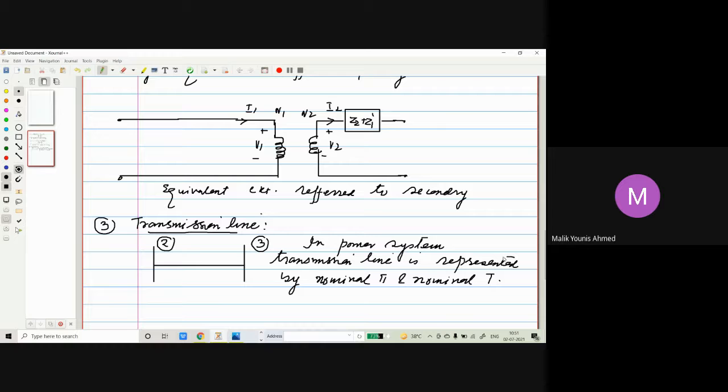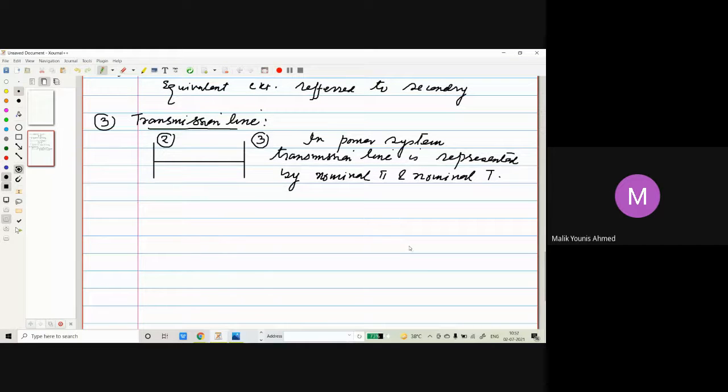T, but preferable is nominal pi, that I have already told you. So this is how we have to draw in case of the per unit system. Now, if we draw in absolute systems, let us draw the T model first.